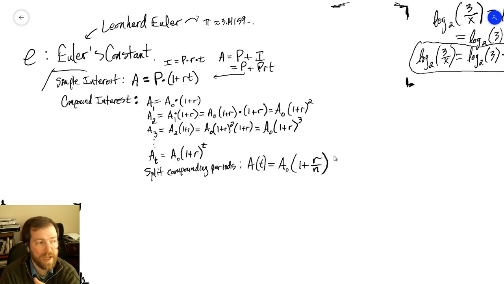You are then going to gain n compounding periods times the number of years that you're going to run this. This is where that compound interest formula comes from. You've probably seen this.